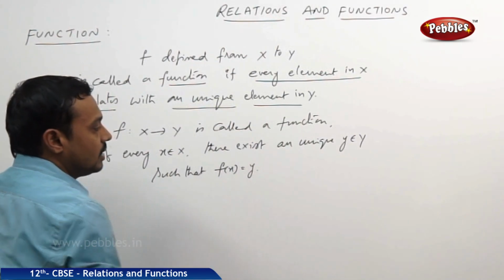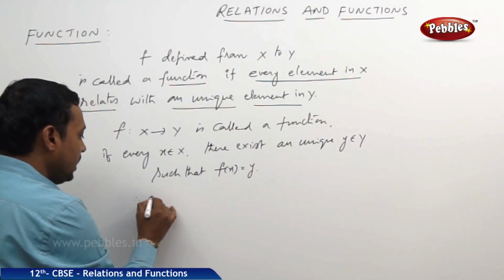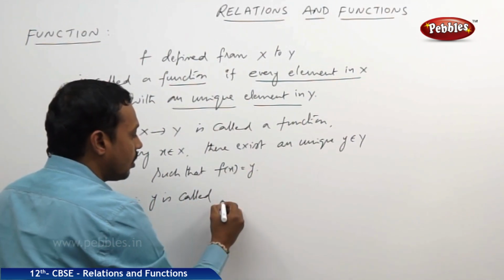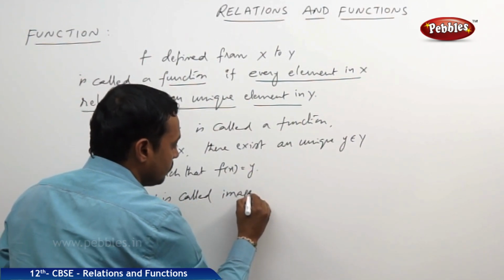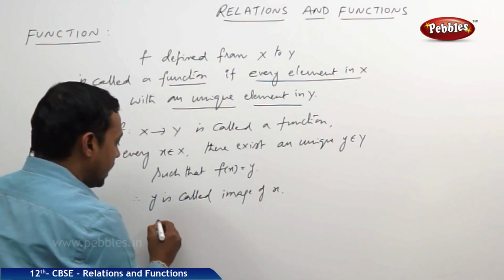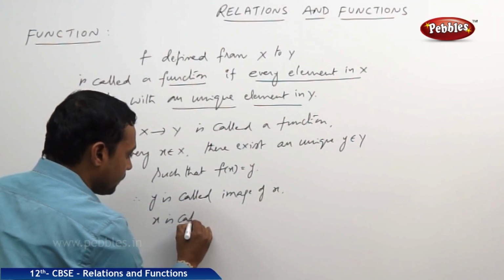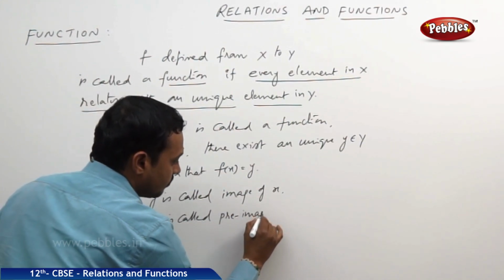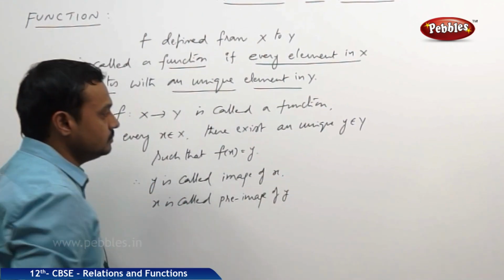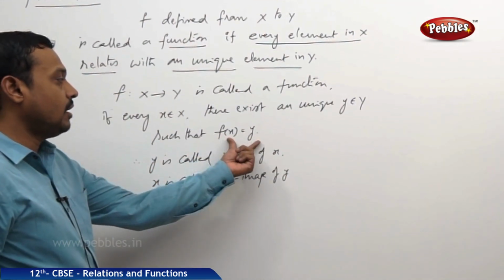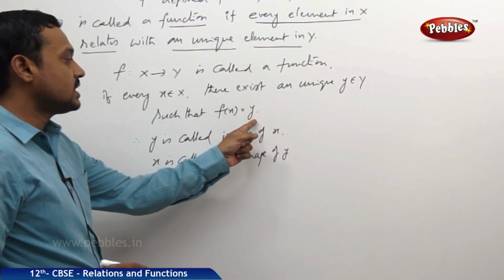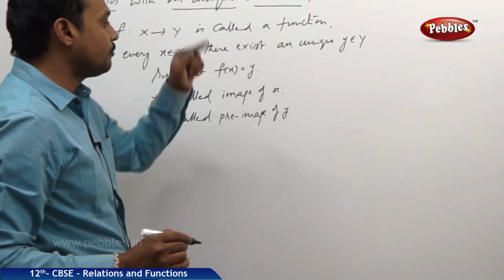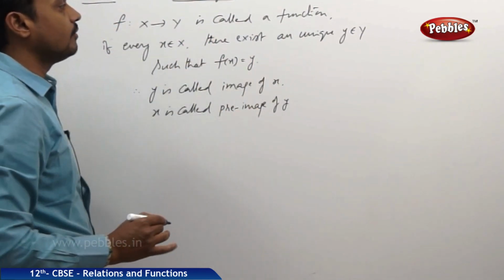So x is relating to y, therefore y is called the image of x and x is called the pre-image of y. When x maps to y, or x relates to y, y is said to be the image of x and x is said to be the pre-image of y with respect to the function f.